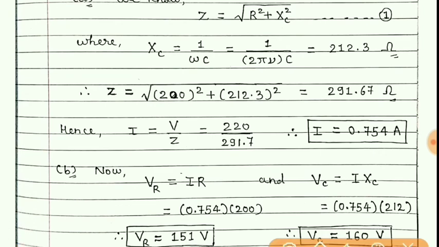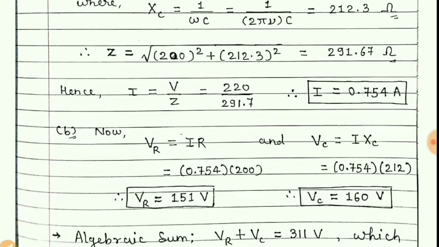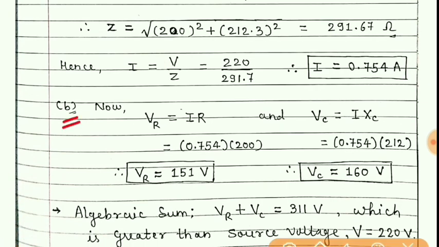Now hence I is equal to V by impedance. V is 220 and impedance Z is obtained, 291.67. I have written here 291.7 up to 1 decimal place. After calculating, we will get current I is equal to 0.754 ampere. So current is obtained, so we can find the voltage across resistor.